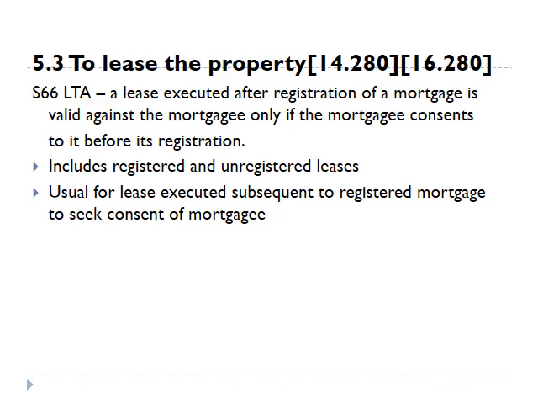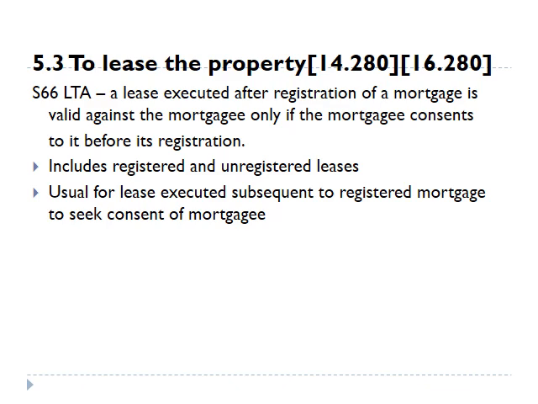Well, the mortgagee must consent to that lease of land, and if the mortgagee does not consent to the lease before its registration, the lease does not bind that mortgagee.